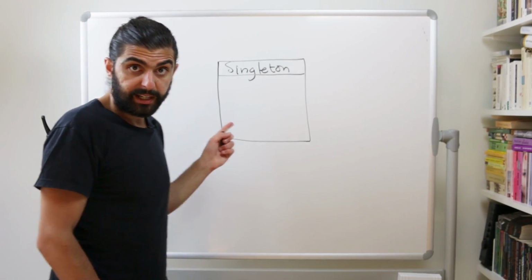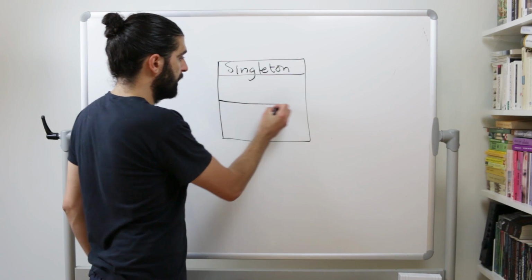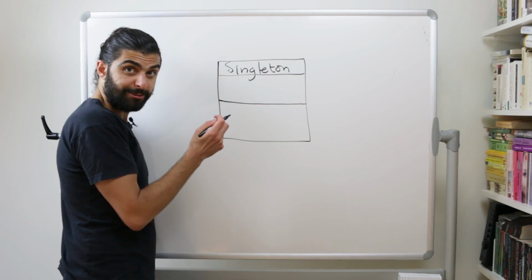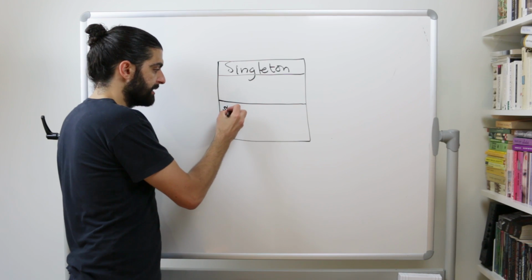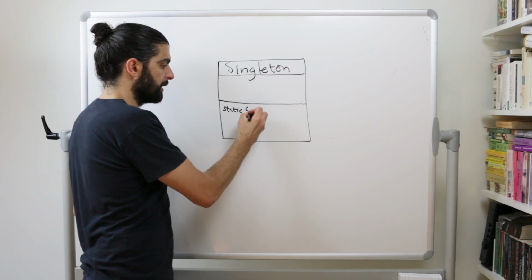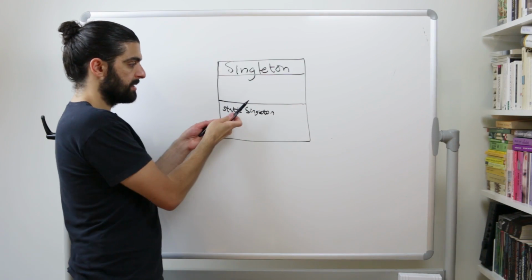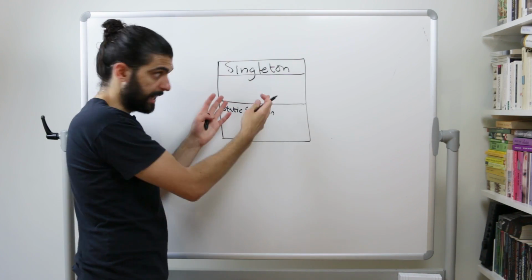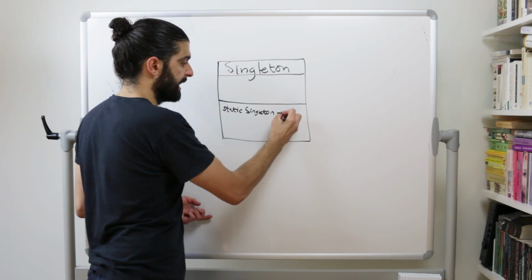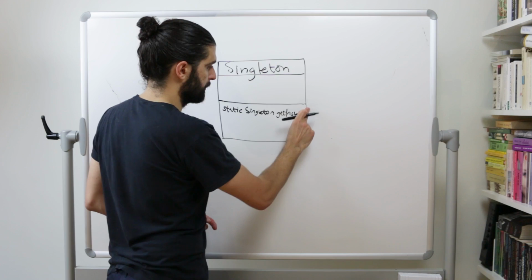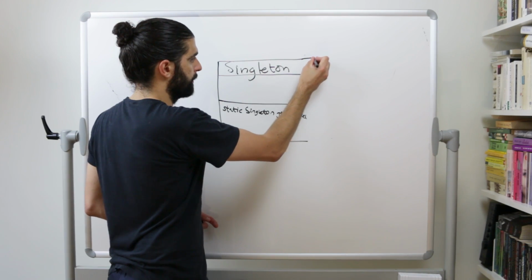So let's draw the parts and then let's talk about it. So if we draw variables up here and methods down here, then we have a static method. So let's say a static method that returns a singleton. So in other words, it's a static method that returns an instance of this class in which it resides. And let's call this method getInstance. Sorry for the lack of space. Let's expand that so that we have the room.